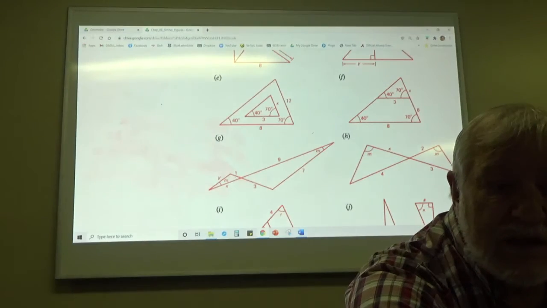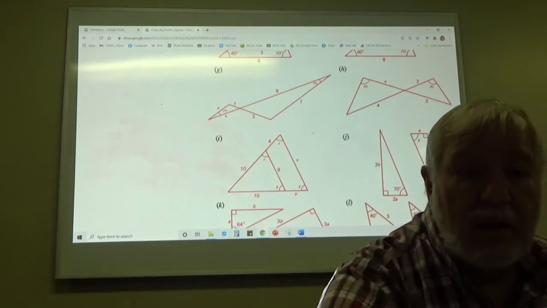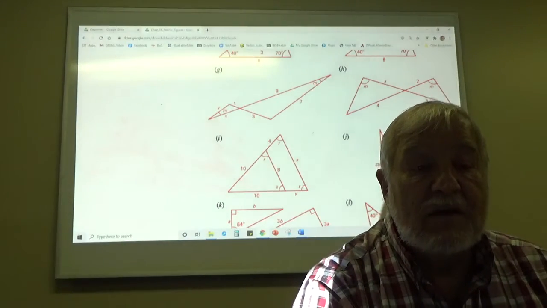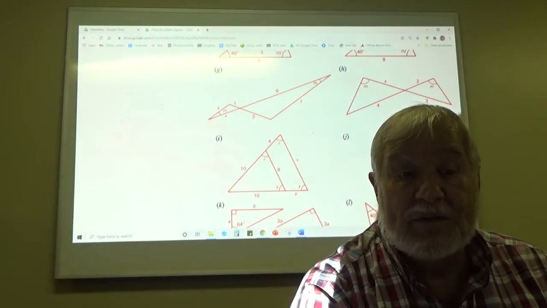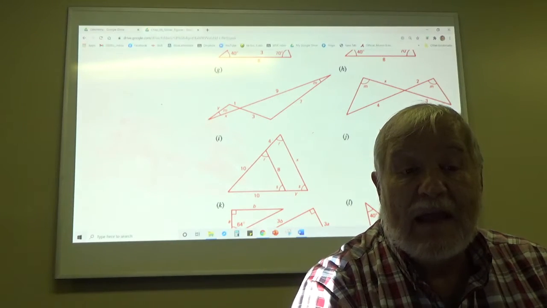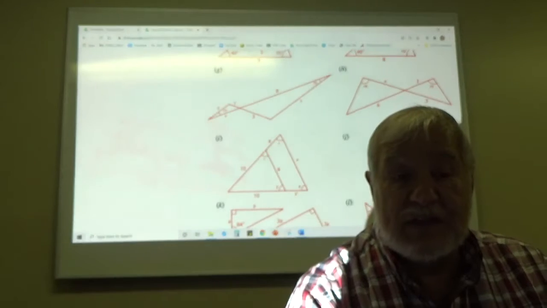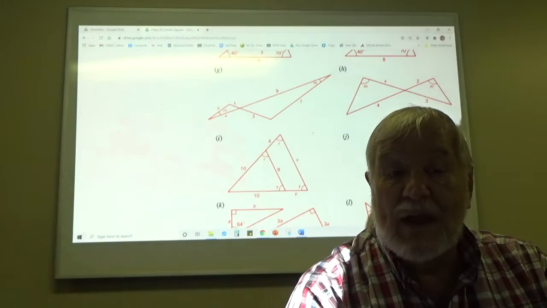All right, look at H. H is easy to look at. Now here I'm going to look at the triangle angle from the top. The x on the first triangle that you see, the x is on the right side.